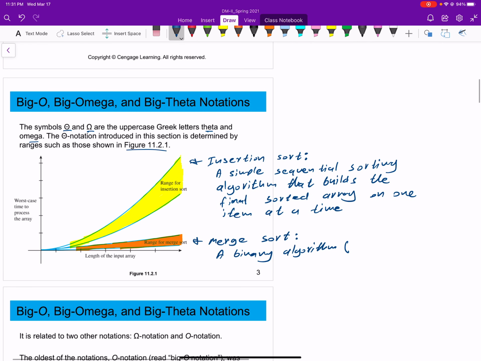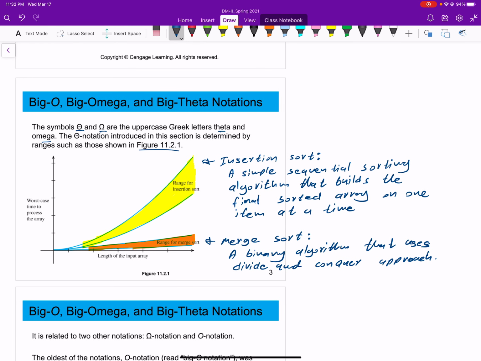The approach that we use is divide and conquer. Okay, a binary algorithm that uses divide and conquer approach. All right, so those are the two summaries of the methods that we're going to learn with details later.